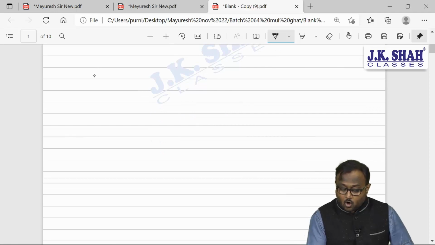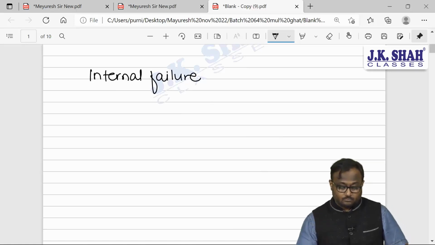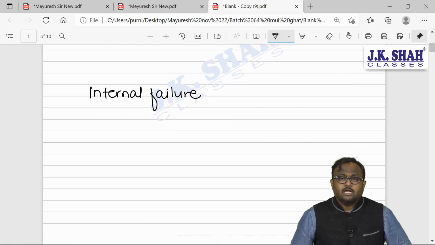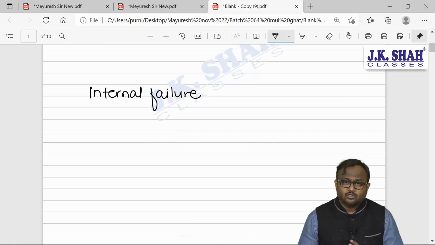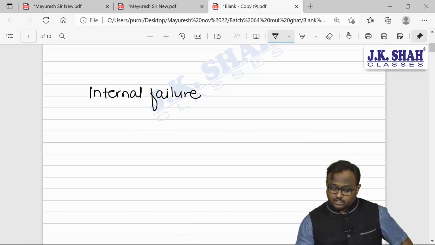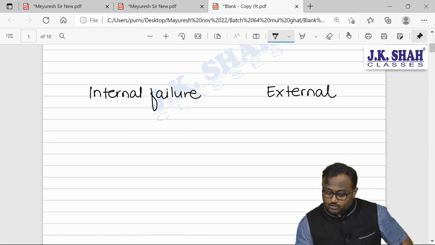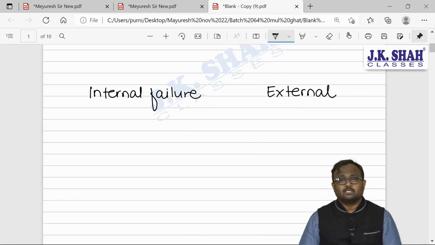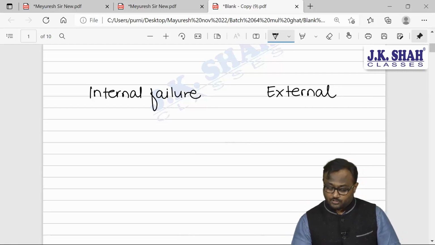Then I may also think of going for internal failure cost. Internal failure cost means the cost which is incurred for generating the emission within the organization, and external failure cost is the cost when the penalty is levied on us, when I incur the cost because of some outside pressure due to emission.